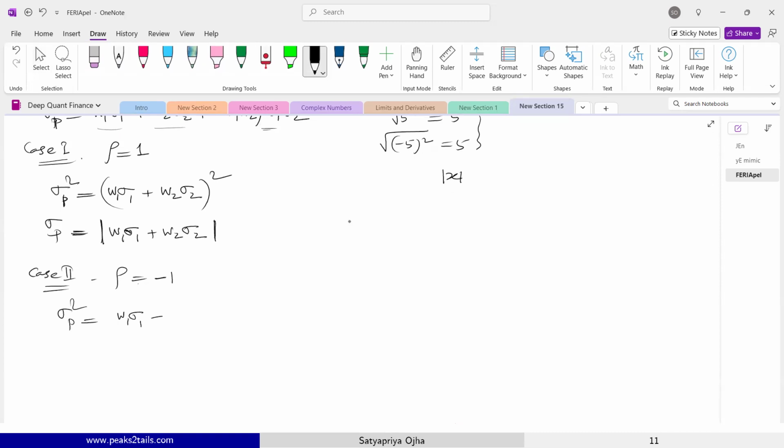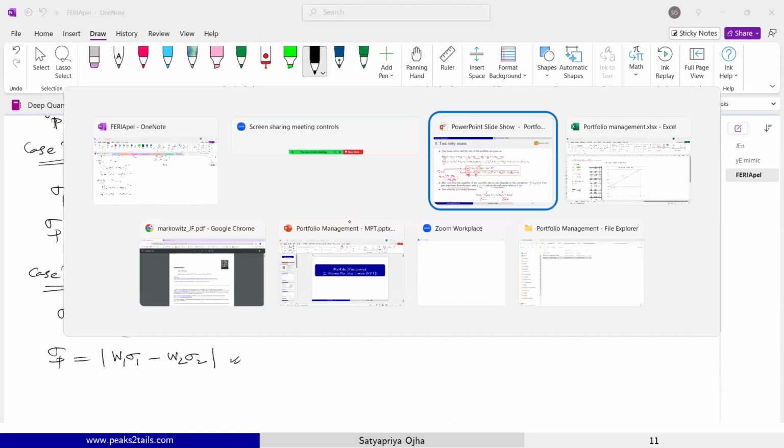Sigma P is the mod of W1 sigma 1 minus W2 sigma 2. So these are the two extremes. This is the highest possible volatility, and this is the lowest possible volatility. And then for different values of rho, you get a value in between these two extremes. All right, so this is one important insight.